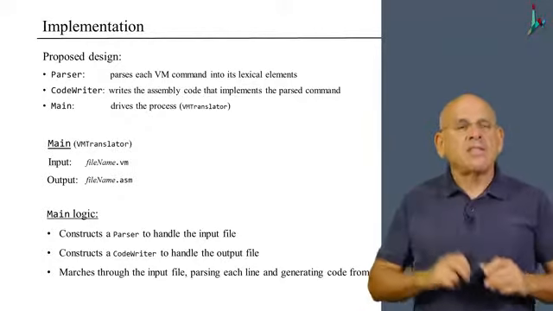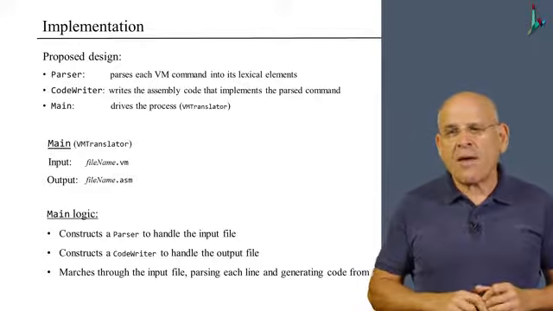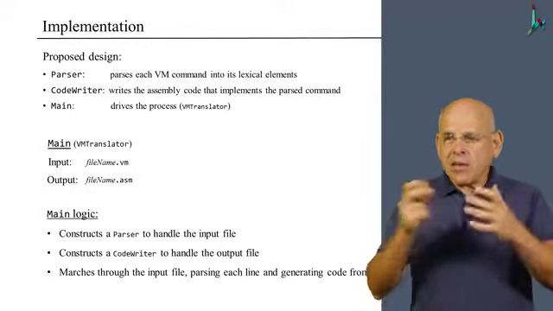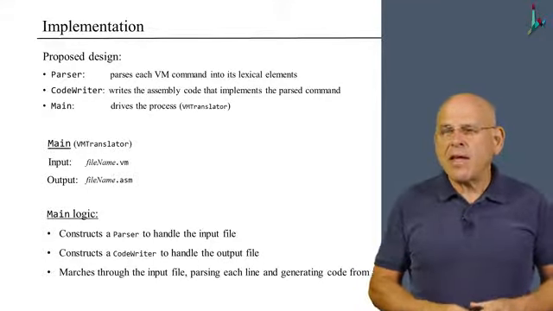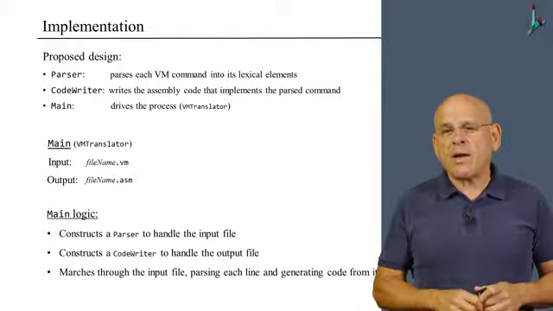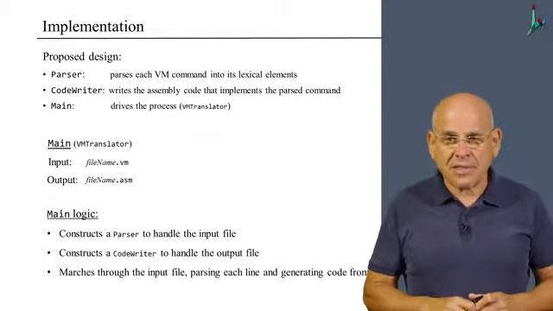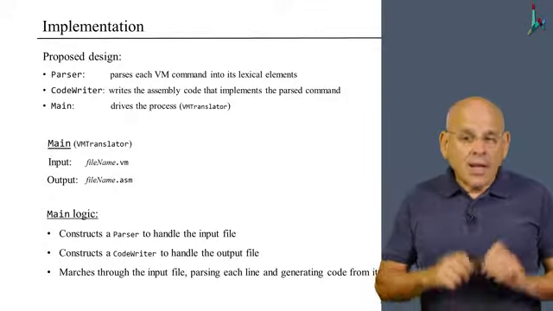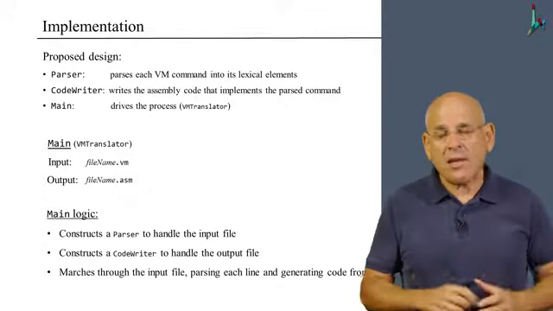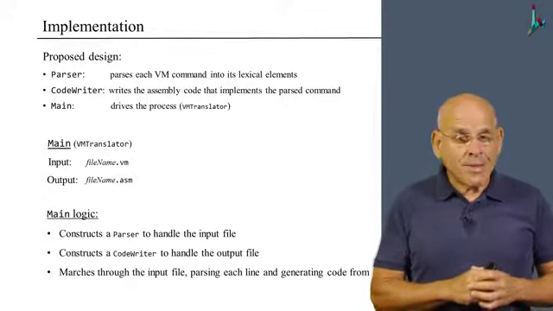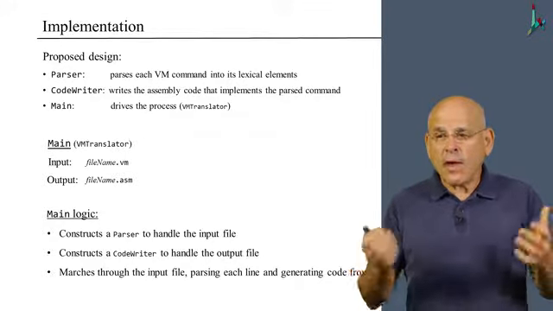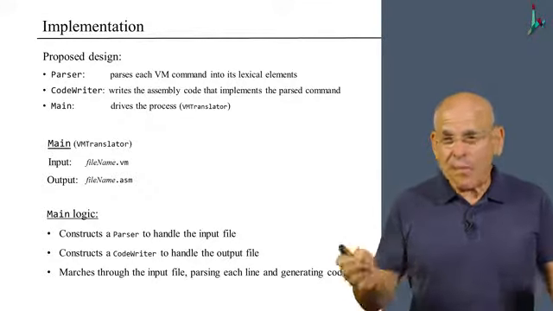So that's the general logic of the main class called VM Translator, and that's what you have to implement when you develop this particular class. Now, I'd like to point out that in order to implement this class, you have to know how to handle text files in your implementation language.